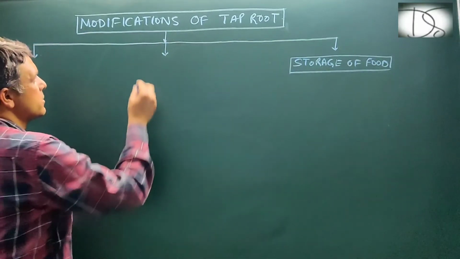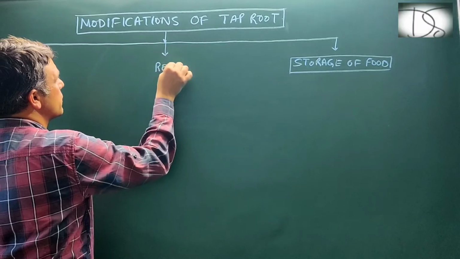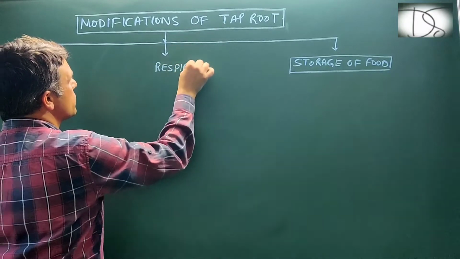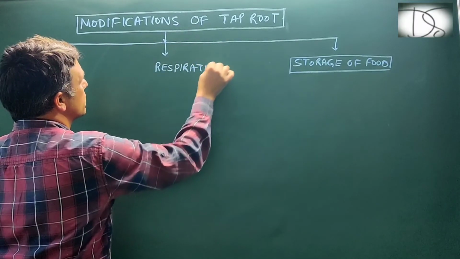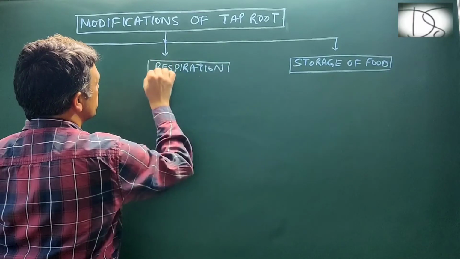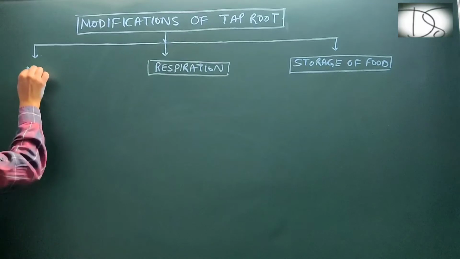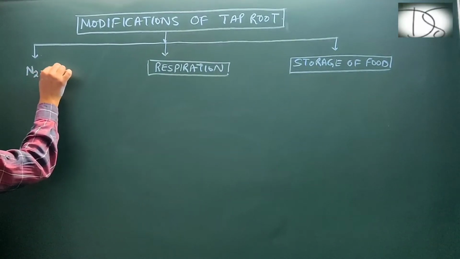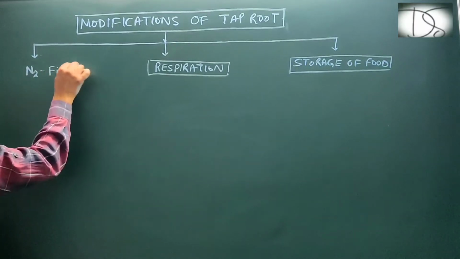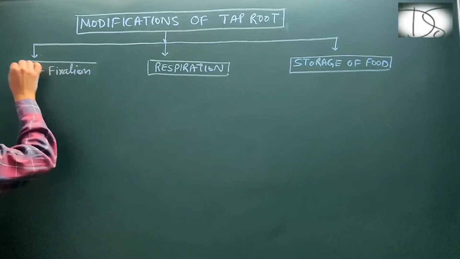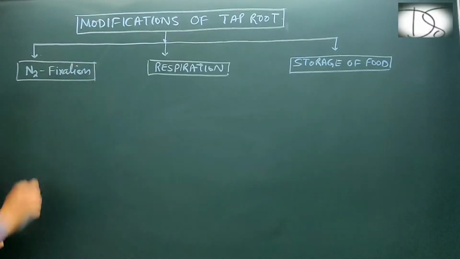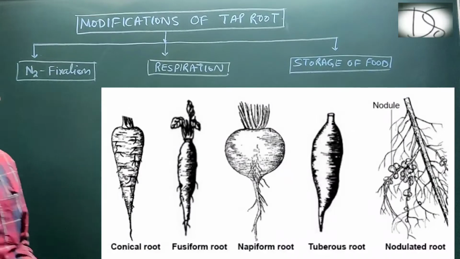Second one is modification for respiration. And there can be modification for nitrogen fixation. And we shall take all these modifications one by one.